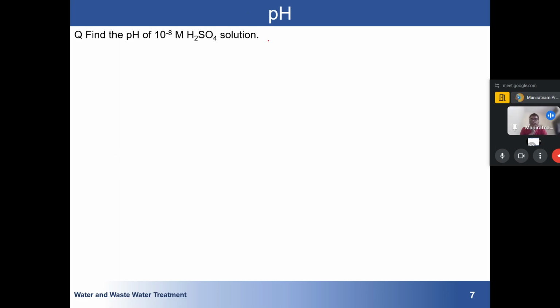We know that H2SO4 will give 2 moles of H plus plus SO4 2 minus.